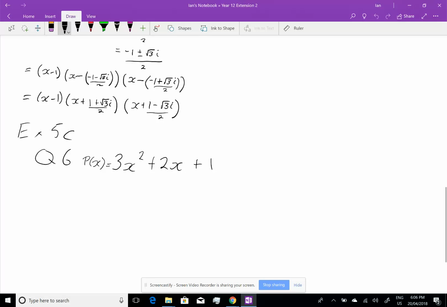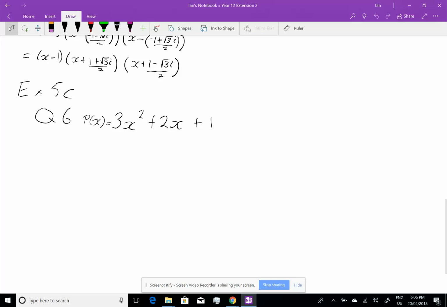Now, I'm going to have to use the quadratic formula here, because this is going to be a complex solution.